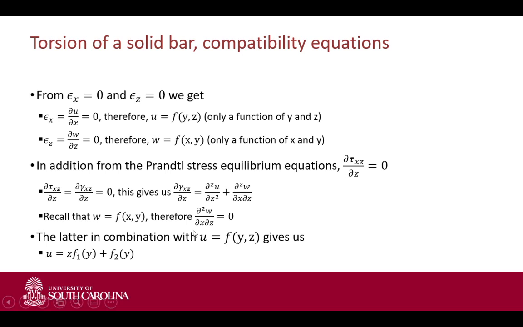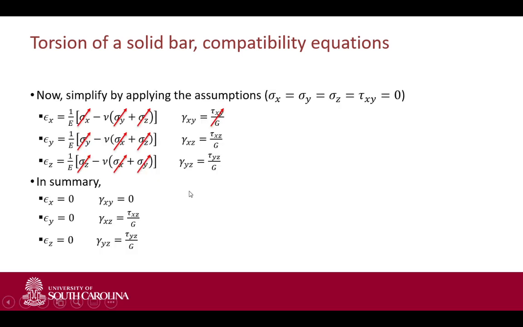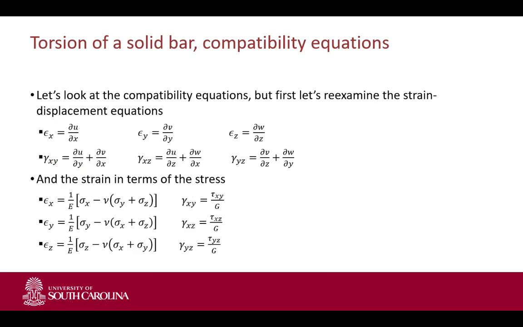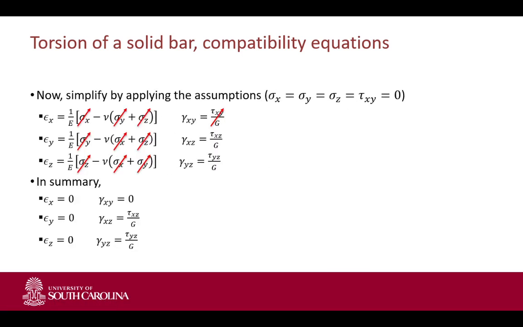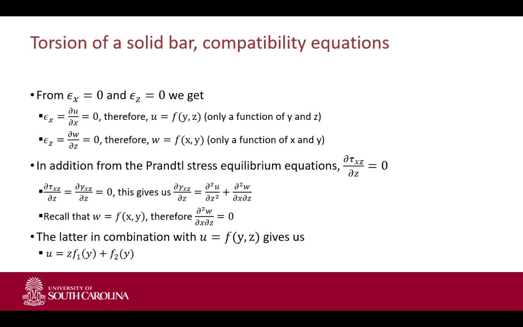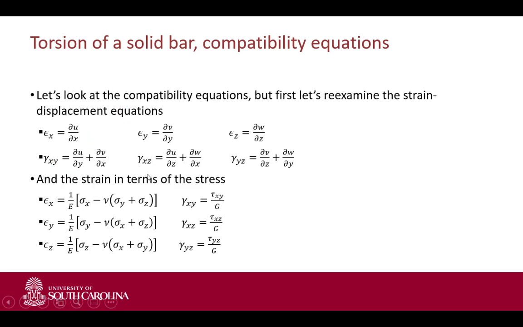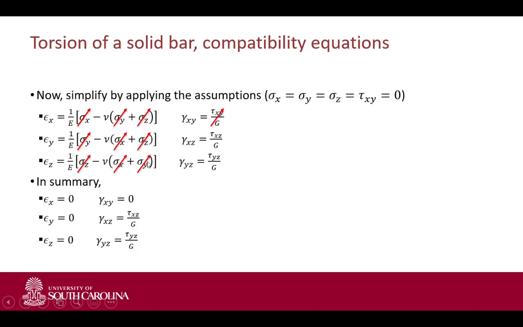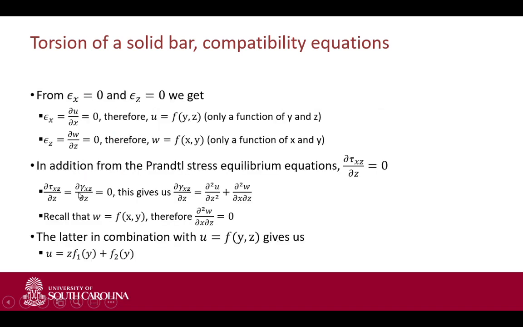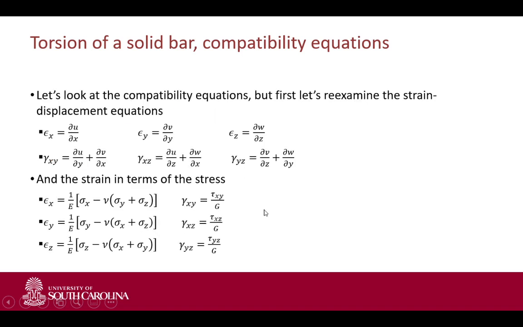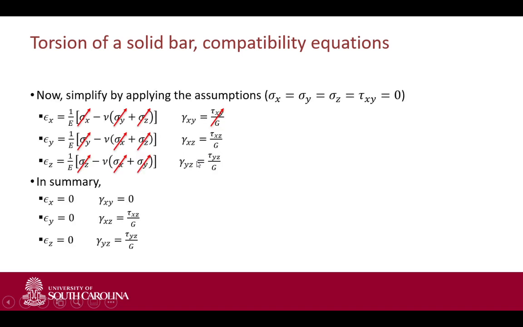So what we did in this last step is take gamma xz and plug it into this equation. So we get partial gamma xz over partial z, which becomes partial squared u over partial z squared plus partial squared w over partial x partial z.